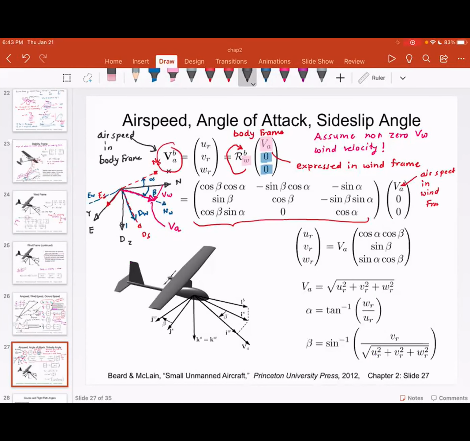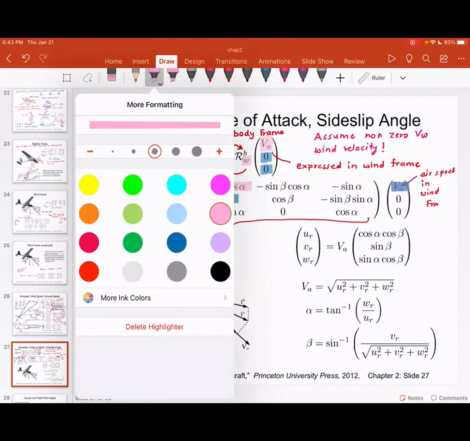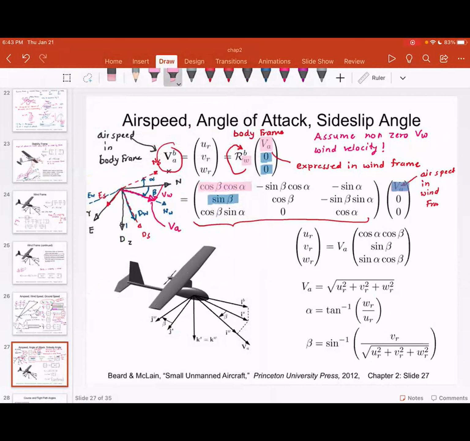Once this transformation is done, please note, since there are zeros here, first row, first column gives me this guy multiplied by this. Second row, first column gives me this guy multiplied by this. And third row, first column gives me this guy multiplied by this. That's why I have VA over here and this over here.